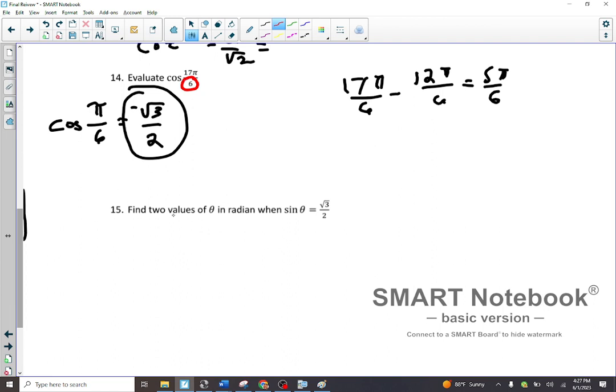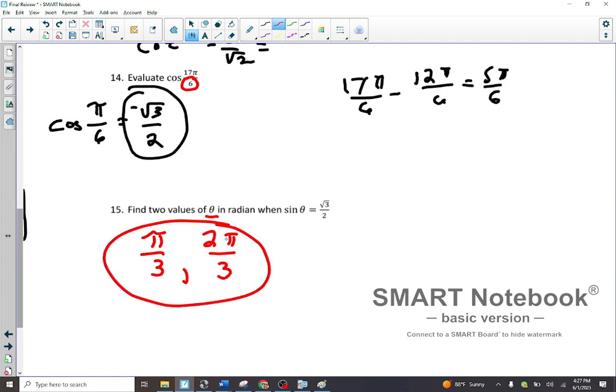All right, next one. What are two values of theta where sine is root 3 over 2? Sine is root 3 over 2 at 60 degrees, or otherwise, pi over 3. So pi over 3 is where it could happen. Where else? If it's positive, it has to be in the second quadrant, because sine is positive in the second quadrant. So 2 pi over 3.